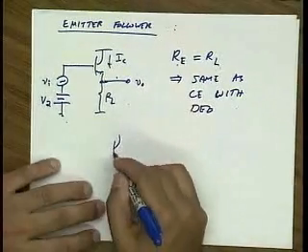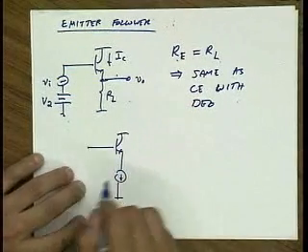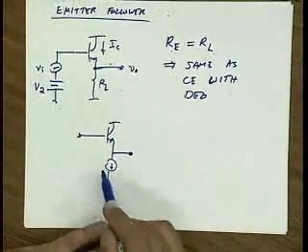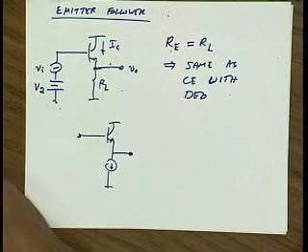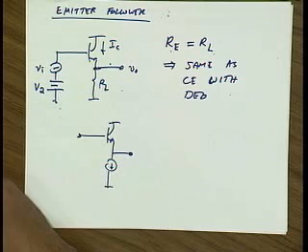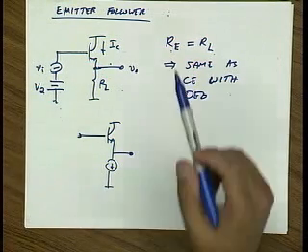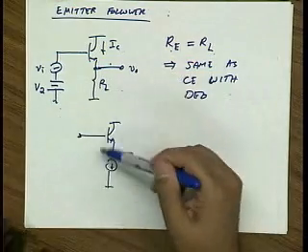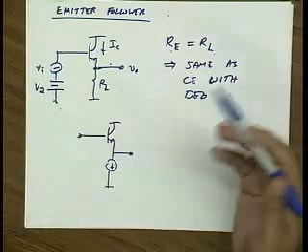So in fact, the way we usually build followers is with a current source. And because this degeneration is very large, we see that common emitter amplifiers are actually pretty linear stages. And that's actually very useful because a lot of times in integrated circuits, we'll use a follower to drive an off-chip voltage, which is typically large.